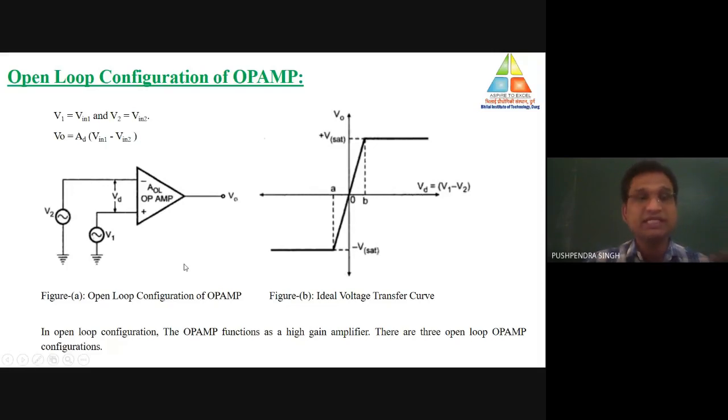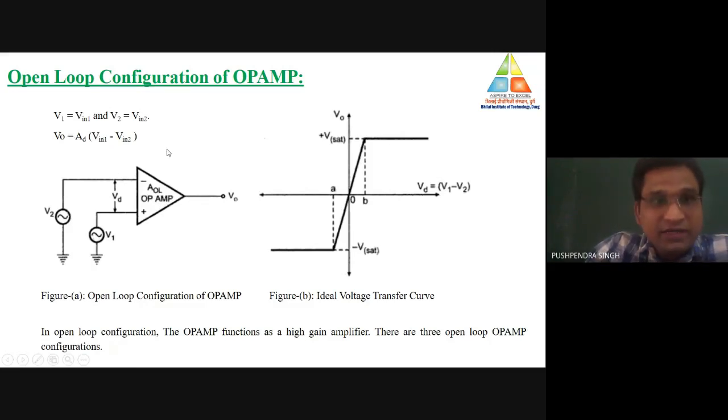Then how much voltage can be generated from the op-amp? At max, its saturation voltage. It will not depend on the value of AD. That means something like 14.3 volt. So only that much voltage can be generated with the help of the op-amp.